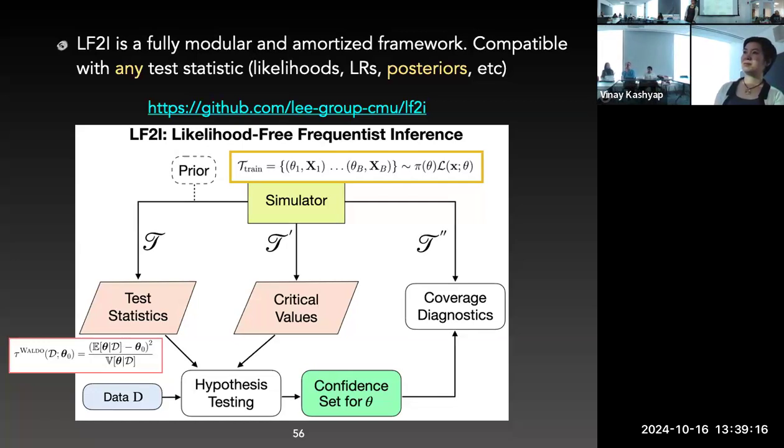In the Waldo test statistic, if you compute the posterior quantities with different priors, you said the coverage doesn't depend on the prior, but the power does. But you're using neural networks to estimate, so I was wondering how the approximation method works, because for neural networks you can't just do MCMC in some cases. It's quite expensive.